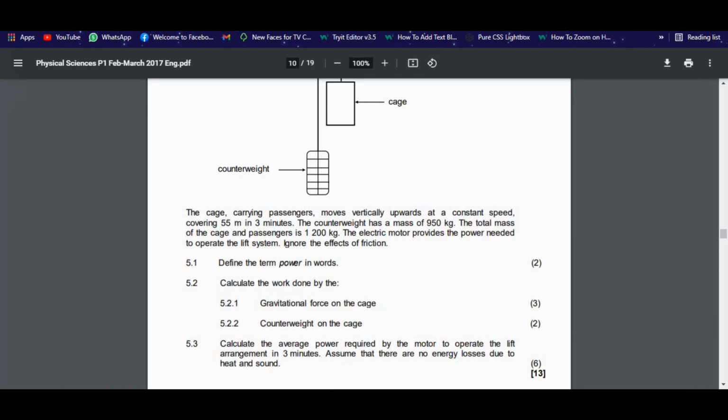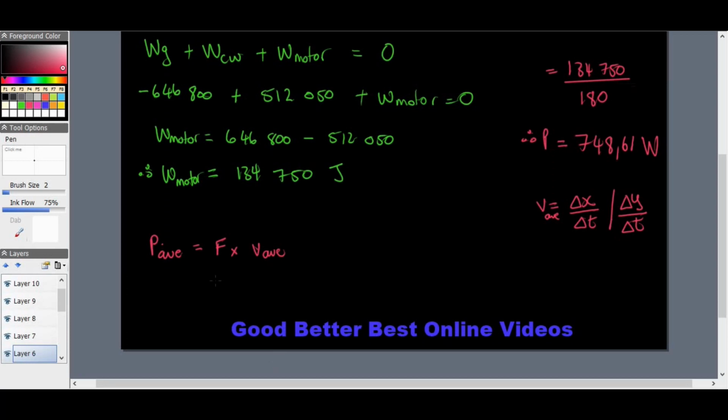That's 1,200. Okay, cool. So for the force now, remember the net force that you're going to have here, because you've got forces of two things happening here. You've got 1,200 multiplied by 9,8 as one, because the cage is going up, minus 950, that's going down, times 9,8.